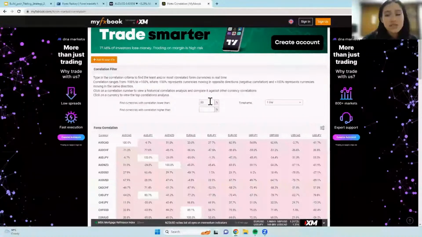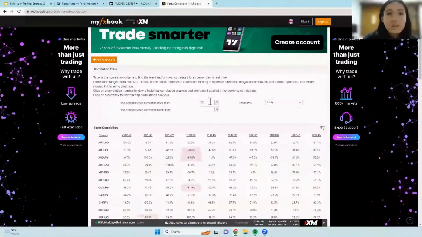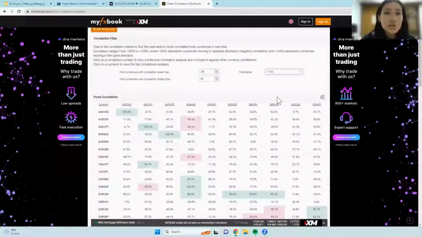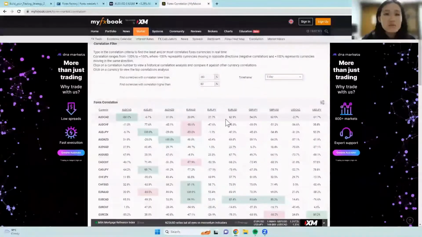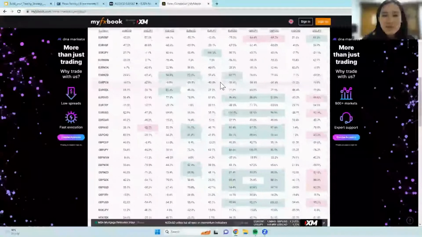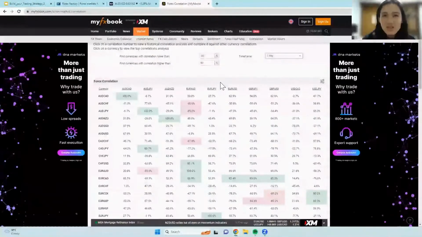So if it's on negative 80, currencies with correlation lower than negative 80% and higher than 80%. We're day trading, so I'll just use 1 day. I can't remember if it's 80 or 70%. If you guys know, let me know in the comments in the chat.